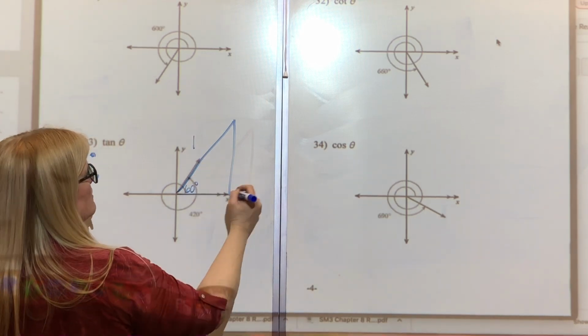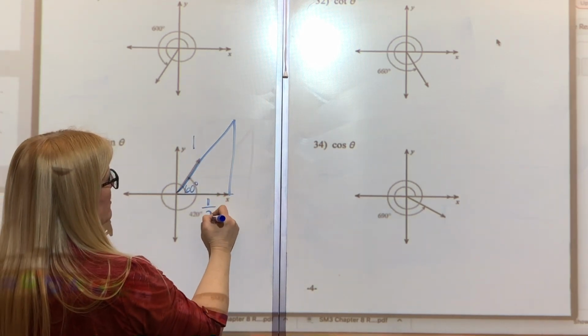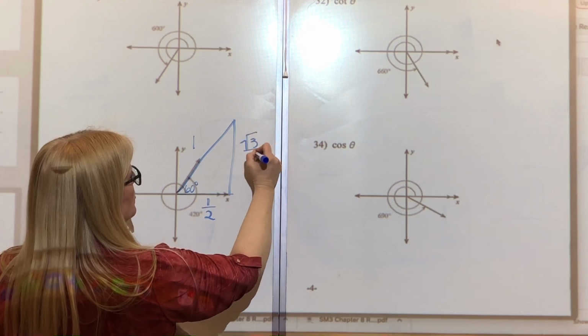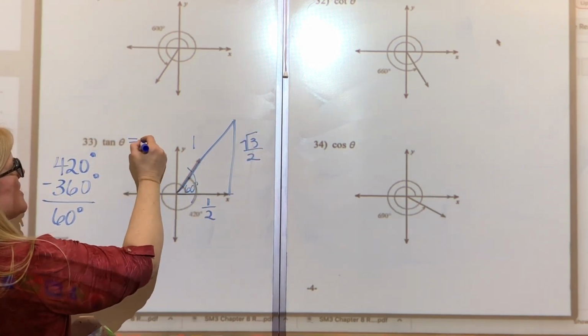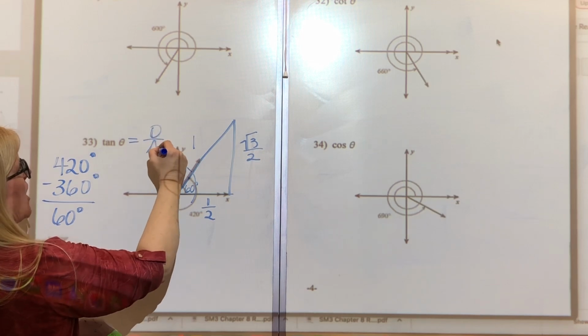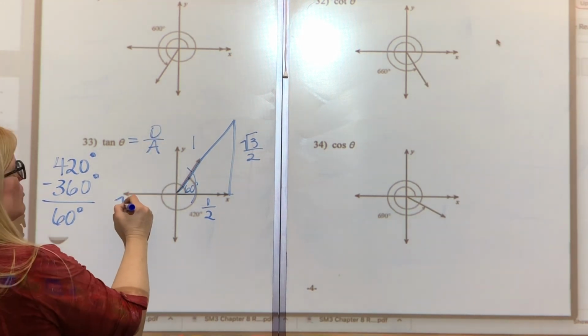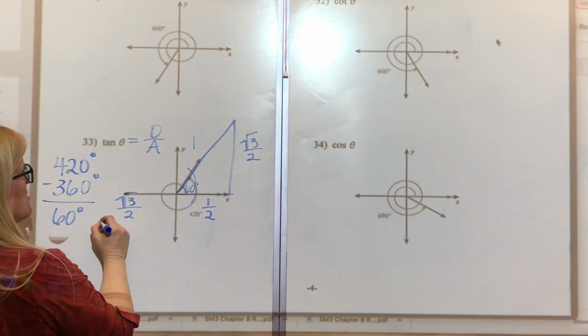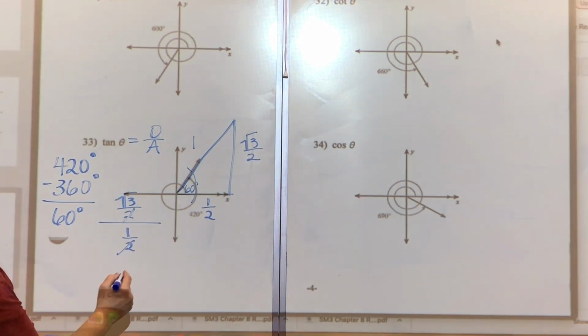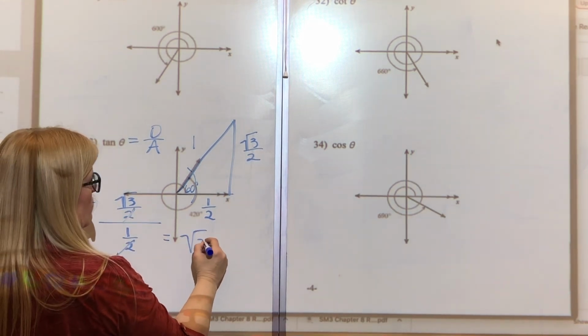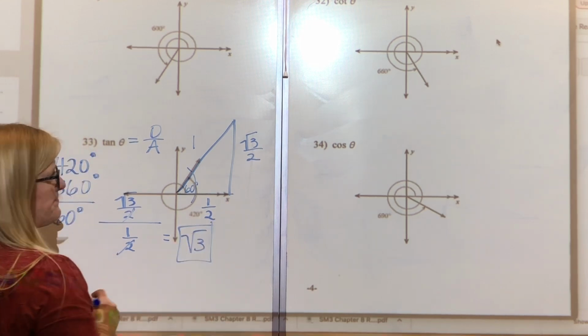I have 1, 1/2, root 3 over 2. And this is tangent. So this is opposite over adjacent. So root 3 over 2 divided by 1/2. The 2's cancel, and I get root 3.